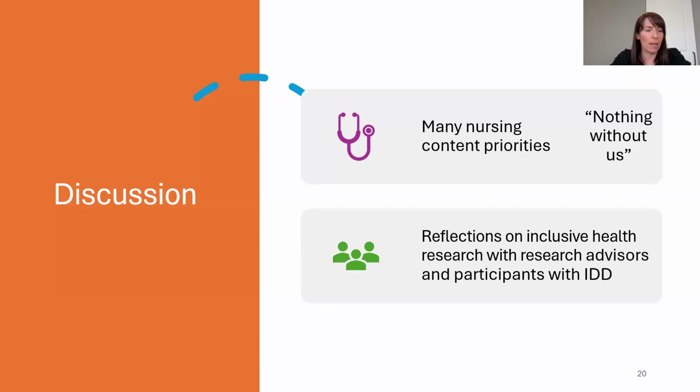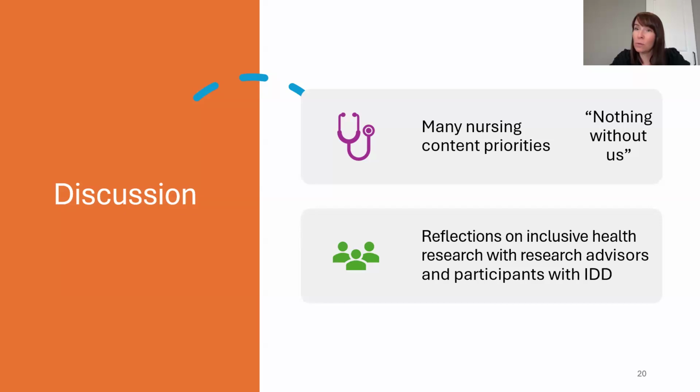Nothing without us is a key principle of the Accessible Canada Act. And this statement is an evolution from the nothing about us without us statement that originated with the disability movement. The previous statement of nothing about us without us might imply that some things aren't relevant to people with IDD.